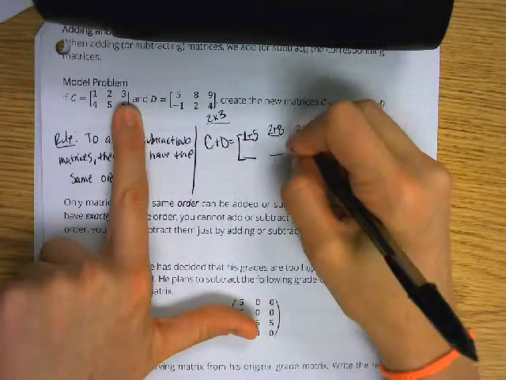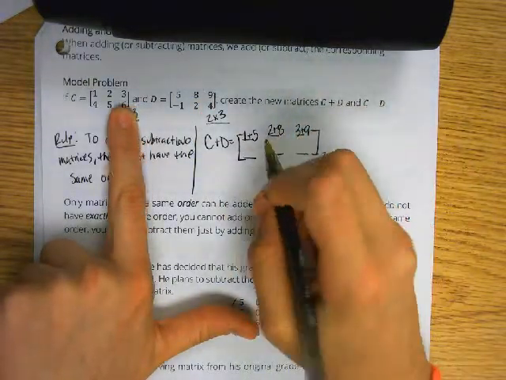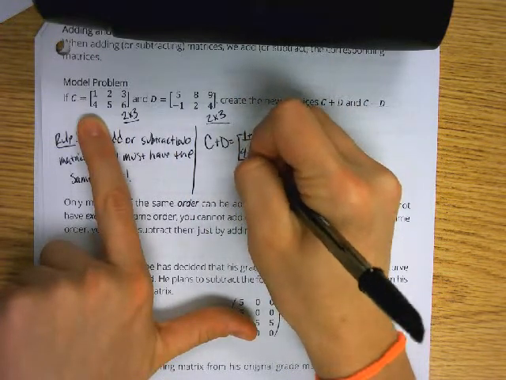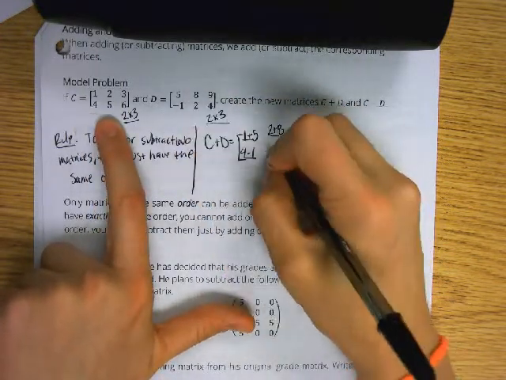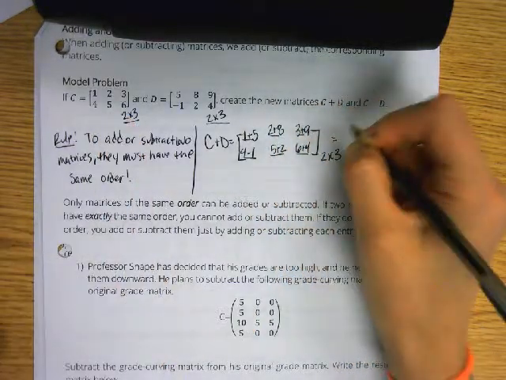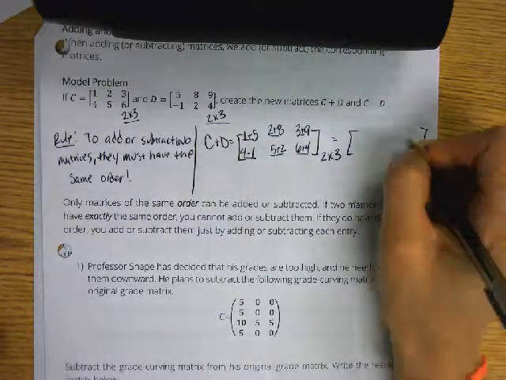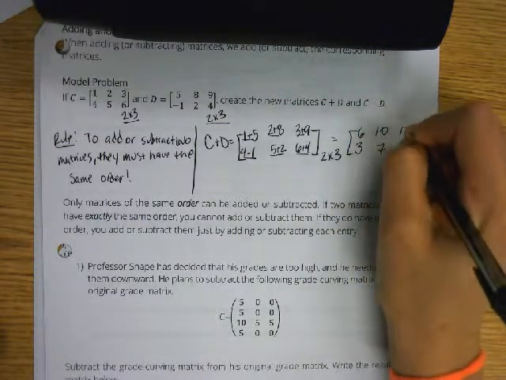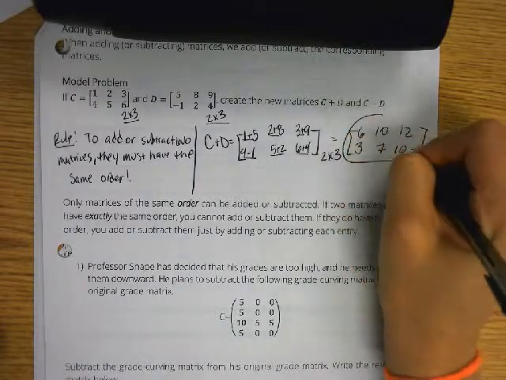Then 3 plus 9 goes right here. This is 4 plus negative 1, which is just 4 minus 1. Then 5 plus 2, and 6 plus 4. So our answer would be 6, 3, 10, 7, 12, and 10.